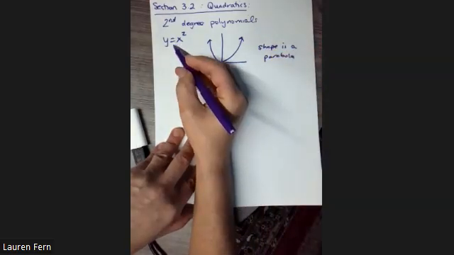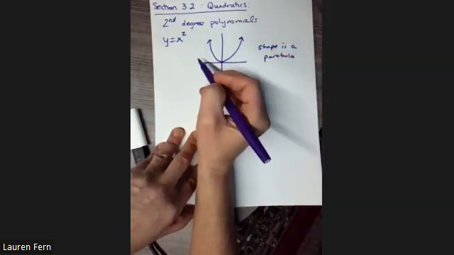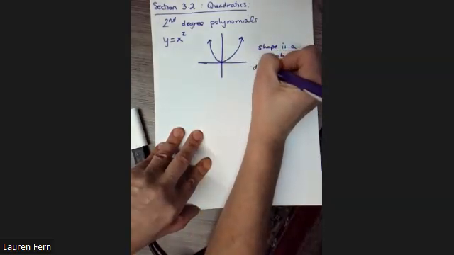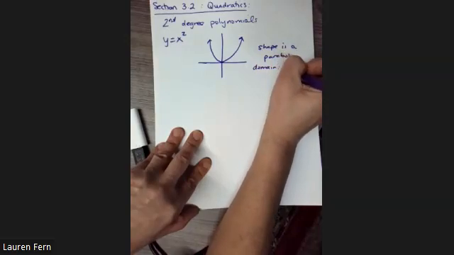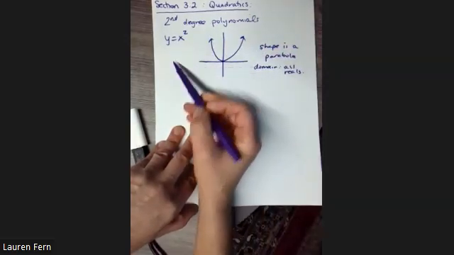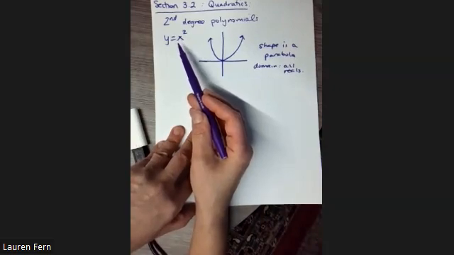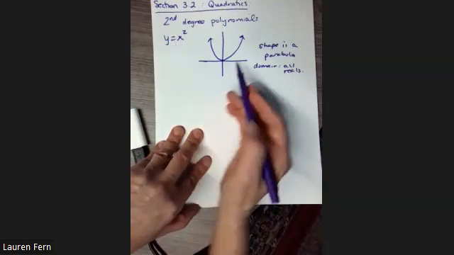And we can talk about the domain and range of these functions. The first thing I want to mention is that the domain is all reals. Okay, we have no limitations as to what we can plug in for x here. We don't have to worry about taking square roots of negative numbers. We don't have to worry about dividing by 0.